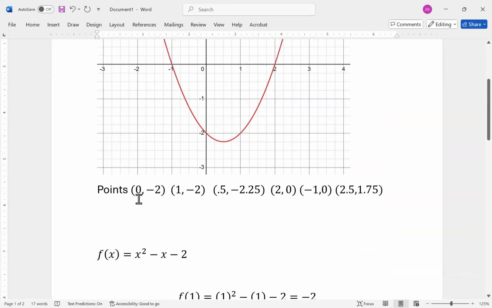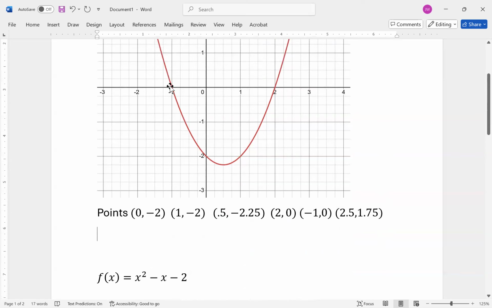Now, notice that this graph had two x-intercepts because it crossed the x-axis at two different places. So the x-intercepts for this graph, we already found them. They are the negative 1, comma 0 and the 2, comma 0.